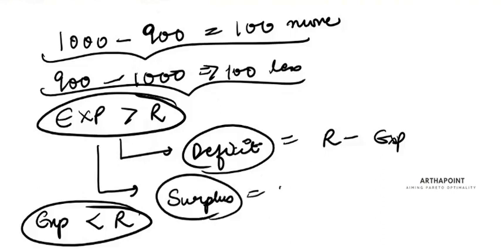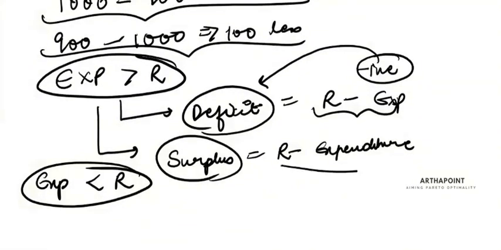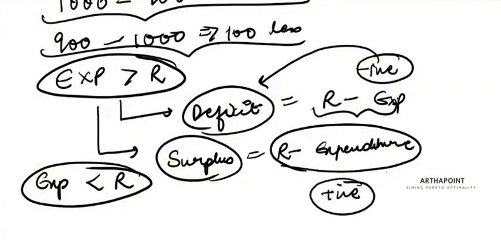The surplus of the government is also revenue minus expenditure. But you will see that in case revenue minus expenditure is negative, then we say that the government is in deficit. If revenue minus expenditure is positive, then we say that the government is in surplus.